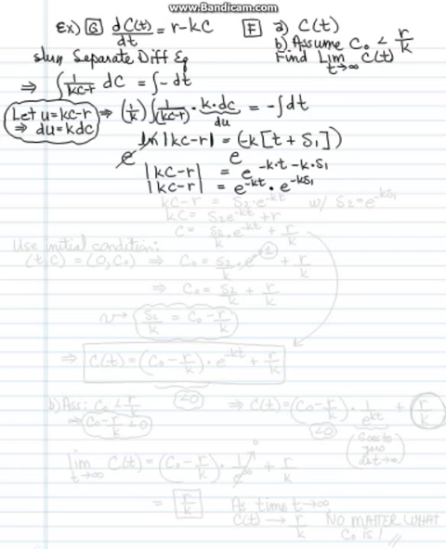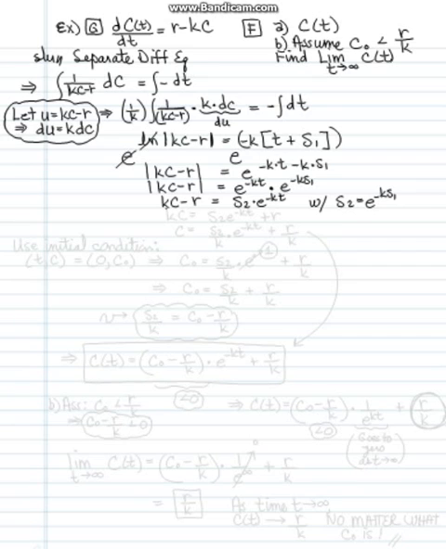Okay, and then we'll do one more thing. We'll get rid of the absolute value. K times c minus r equals a new constant that we'll call s sub 2 times e to the negative kt, with the new constant s sub 2 equal to e to the negative k s sub 1.